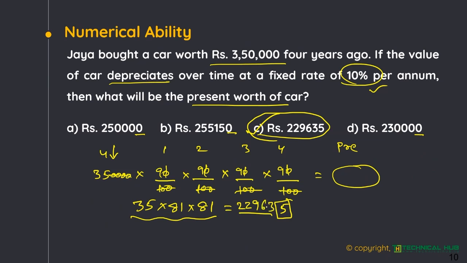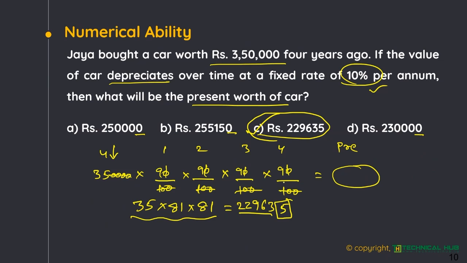Sometimes these kinds of techniques are very helpful from an examination point of view while you are doing the calculations. Whenever you are doing the calculation, check the units places. In case units places are different for each and every option, you can go with the units place method.